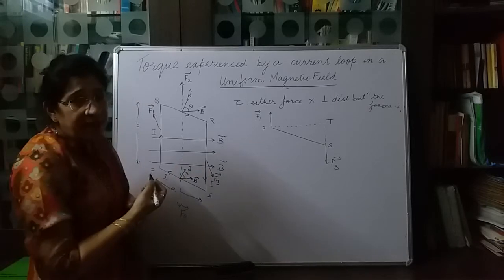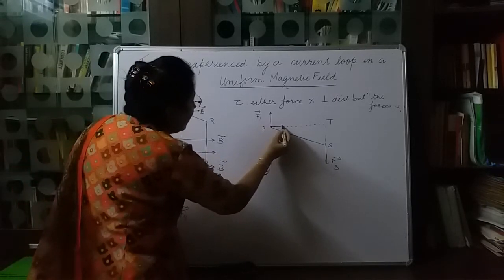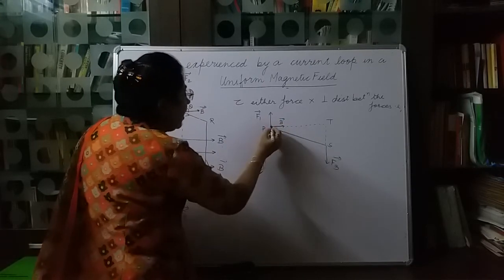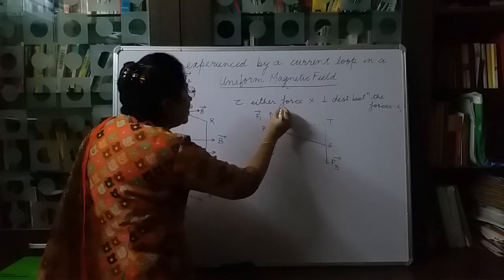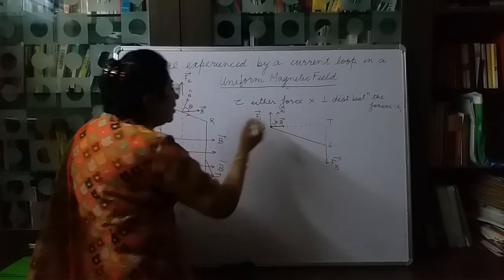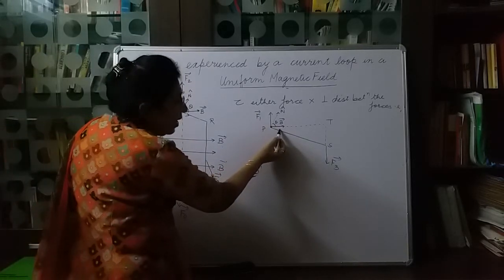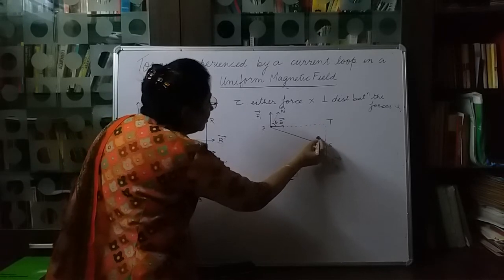First, let us find where is theta. At this point, let me draw the magnetic field. The magnetic field is here and the normal to the coil is here. This is angle theta. If this is theta, this angle will be 90 minus theta. This is 90. So this angle is theta.